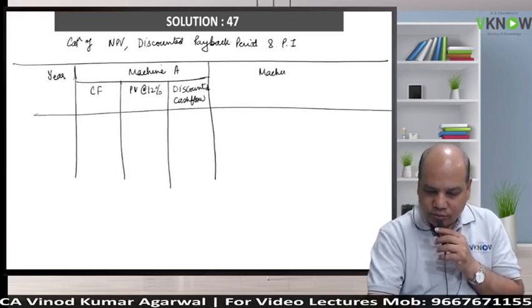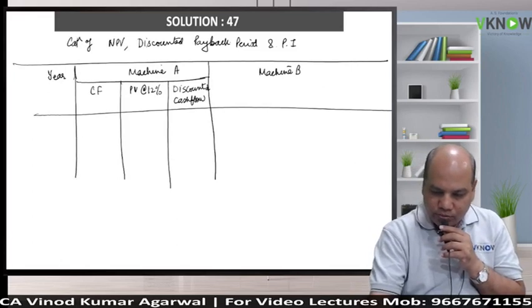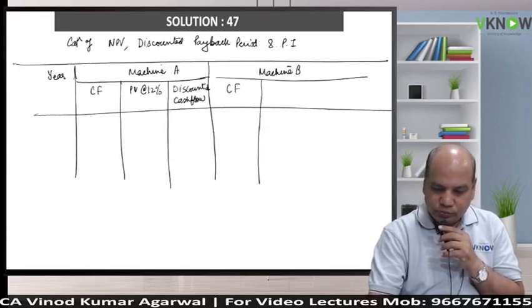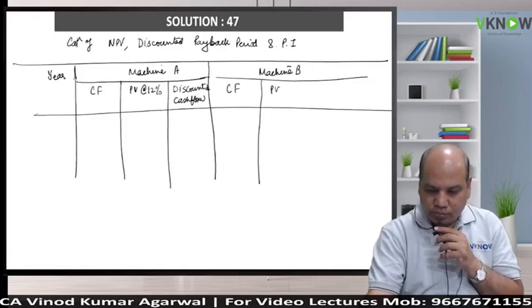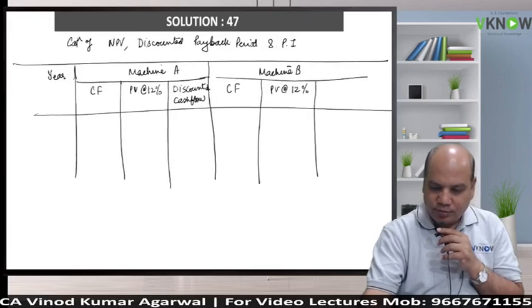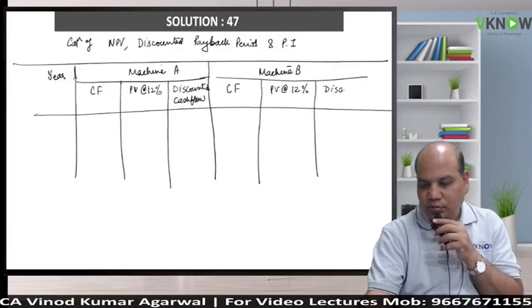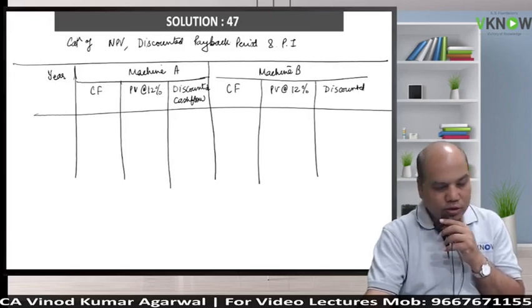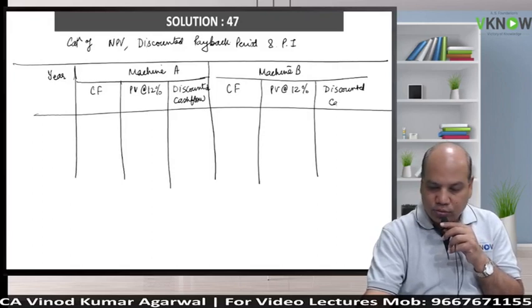Now write down machine B. Under that, cash flow, present value at the rate of 12%, and last column, discounted cash flow, or you can write discounted present value.